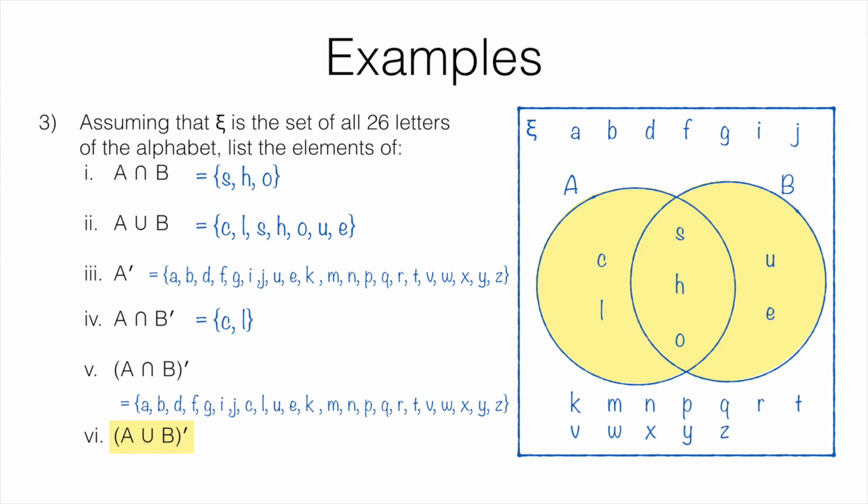That means what we're actually looking for is this set of elements. So we simply need to list out all of these letters in the highlighted region, and that's our answer.